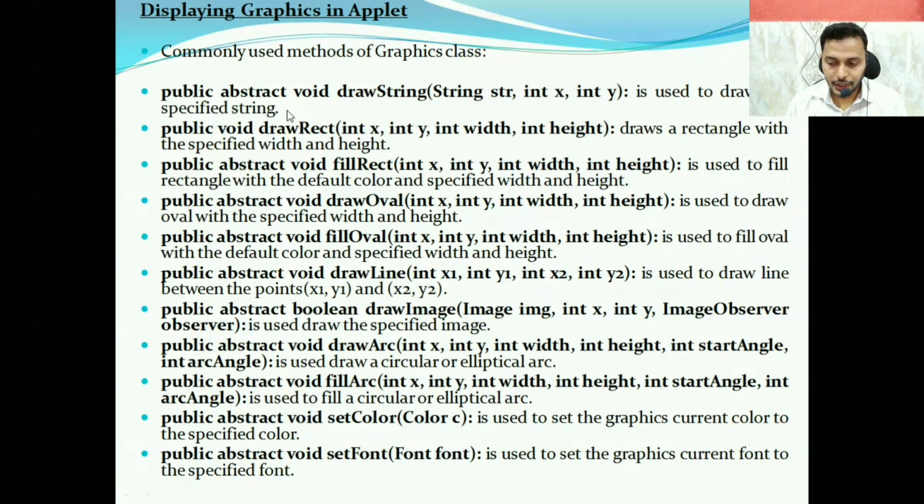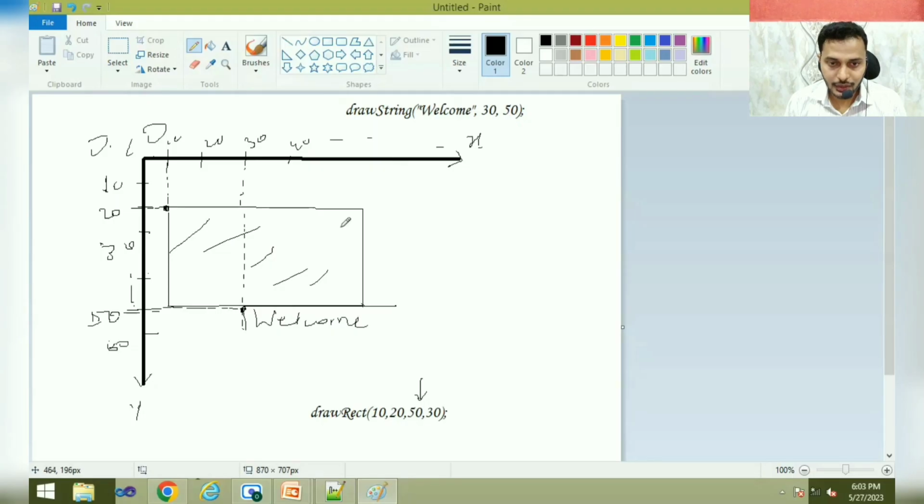The drawRect method only draws the outline of the rectangle, and the fillRect method draws the rectangle with the specified color, meaning you will get the color within the fillRect method. Clear? drawRect only creates the outline, and fillRect creates the rectangle with the specified color.